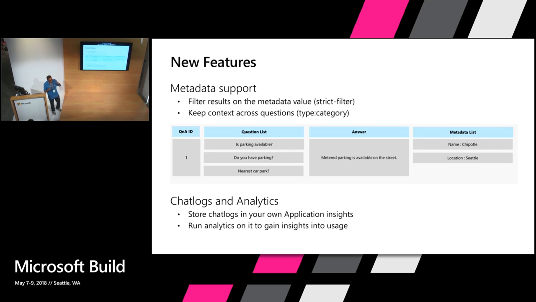And this is more important because there are often cases where there are same questions in different categories. Unless you actually separate them out, there's no way to distinguish which answer is appropriate, right? So with this metadata value, you can set a filter when you query the service, filter results on type finance, and you get results in that scope. So that's the first way to use that.